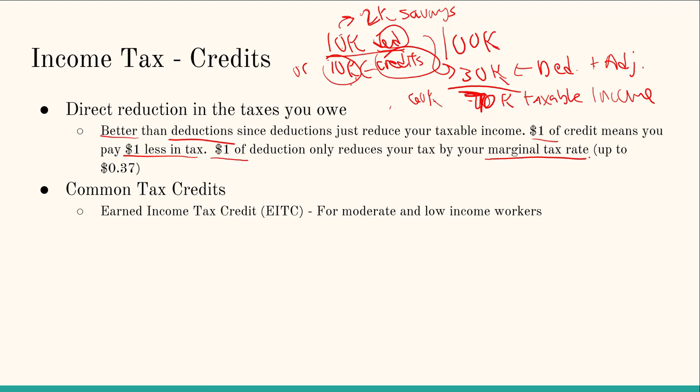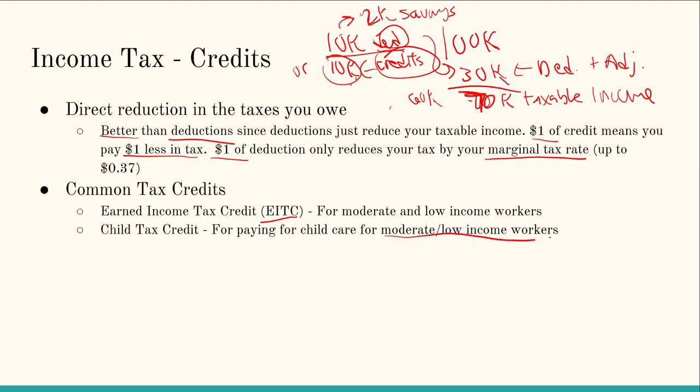But you have to have earned income to get this credit, meaning you have to have had a job and earned income in order to get this particular tax credit. Child tax credit. So this is for paying for childcare for moderate and low income workers. Again, you may qualify for this based on your income, and again, it's just calculated by a formula by eligibility.